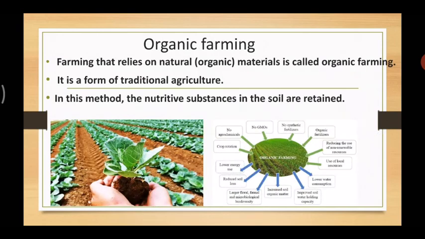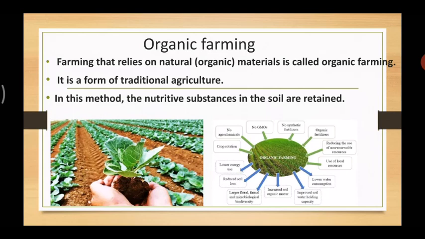Next is organic farming. The farming that relies on natural and organic materials is called organic farming. What is organic farming? It uses what is available in nature. It is a form of traditional agriculture. In this method, the nutritive substances in the soil are retained. I told you before also, natural and chemical, which is more important?